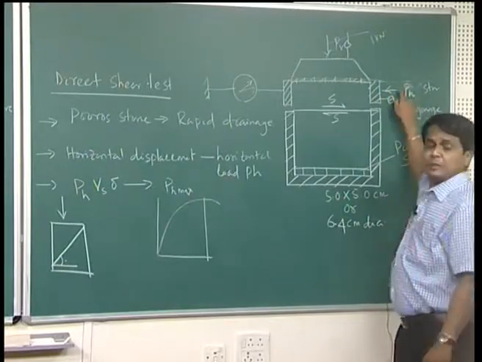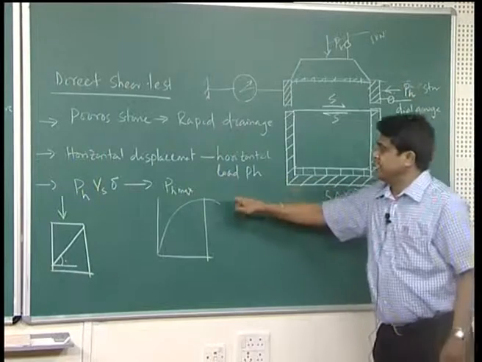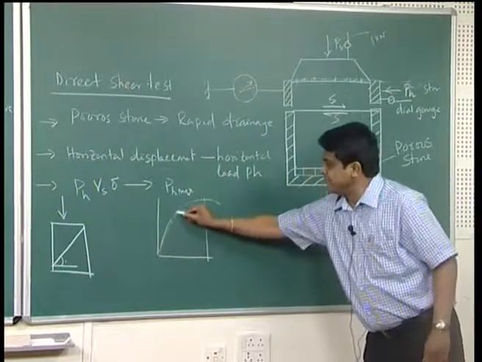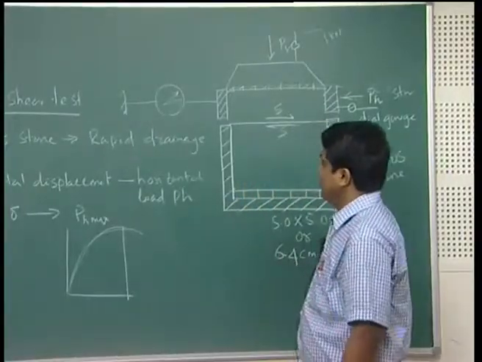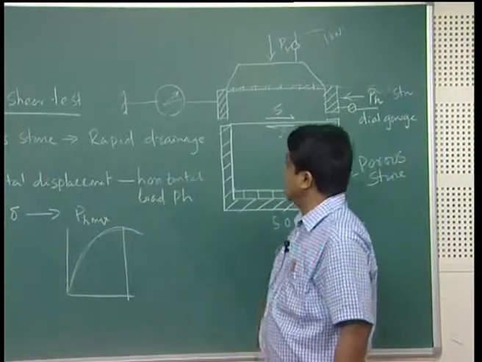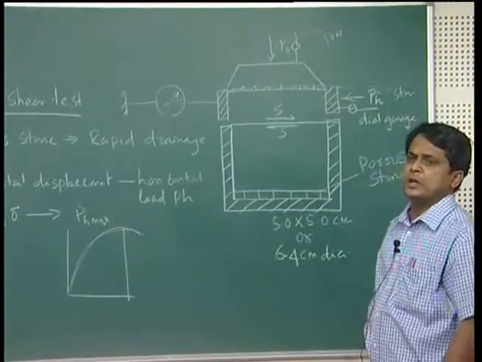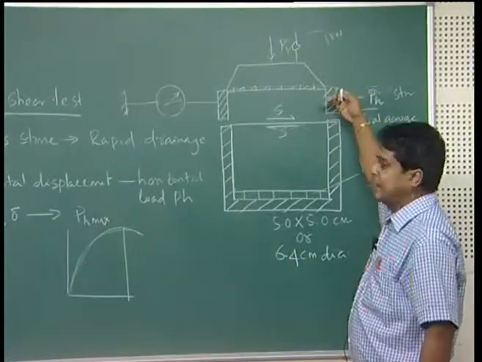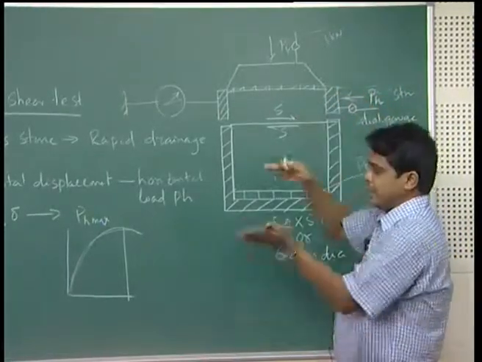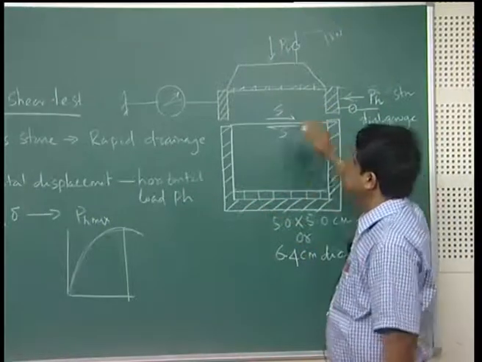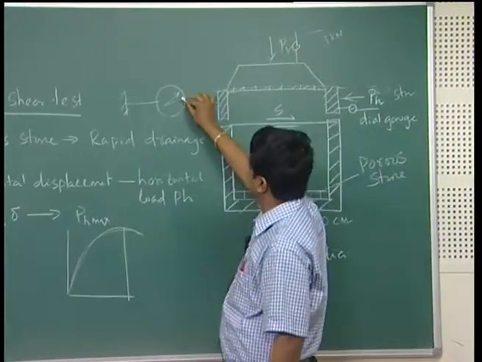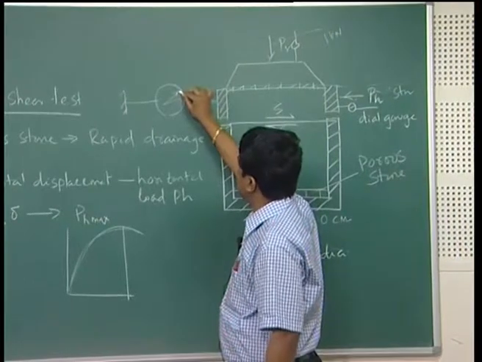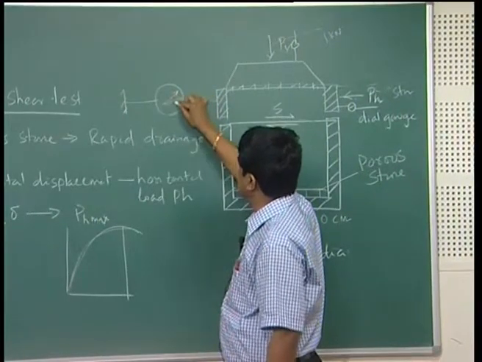For a particular normal load you will get the maximum lateral load; it will increase. Once there is a failure, it will decrease. How do you know that the soil fails by shear? The moment lateral load is applied at one end, the soil tries to resist, so the load on the proving ring will increase.